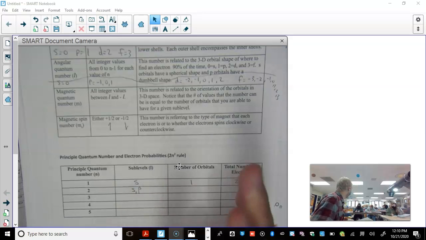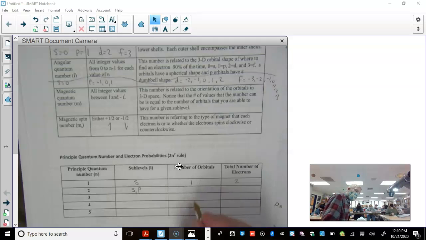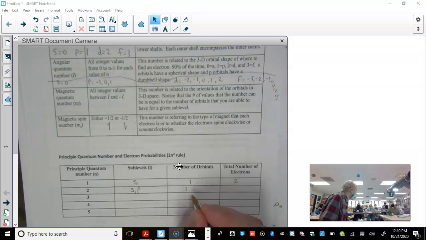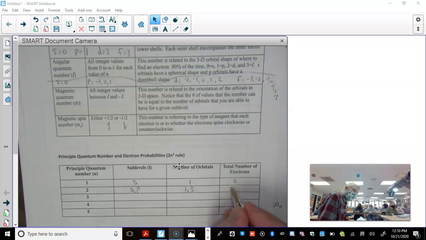Can you have 2D? No, 2D does not exist. Number of orbitals, S can only have one suborbital and P can have 3. And then total number of electrons, S can have 2 and P can have 6, so that's a total of 8.